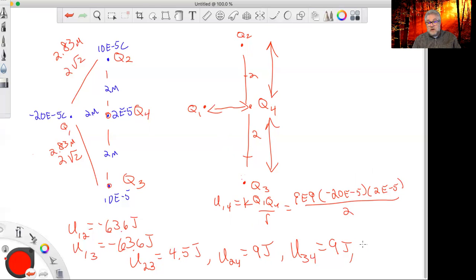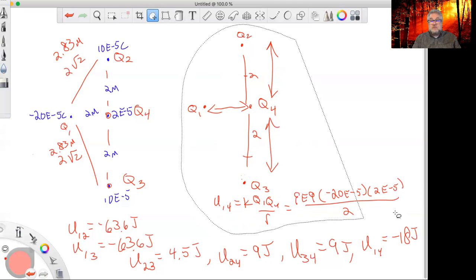And that one comes out to be negative 18. Okay, so we did all the possible combinations of charges.